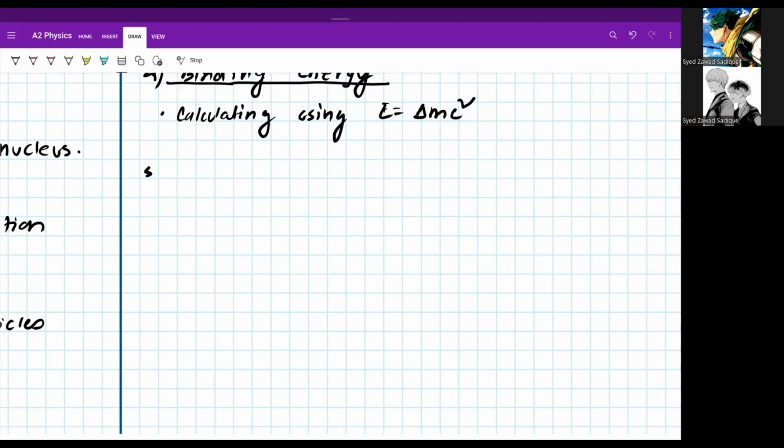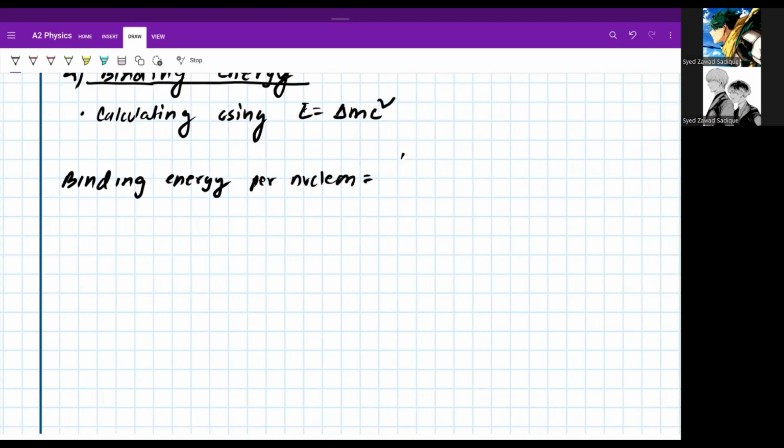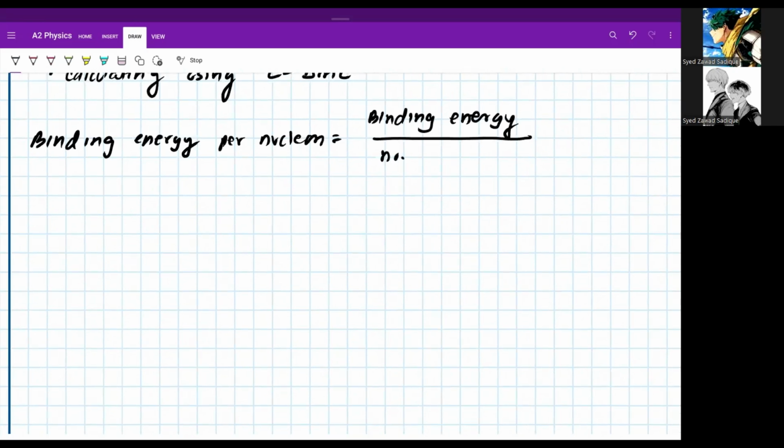Then we have binding energy per nucleon, which is equal to the binding energy divided by the number of nucleons.